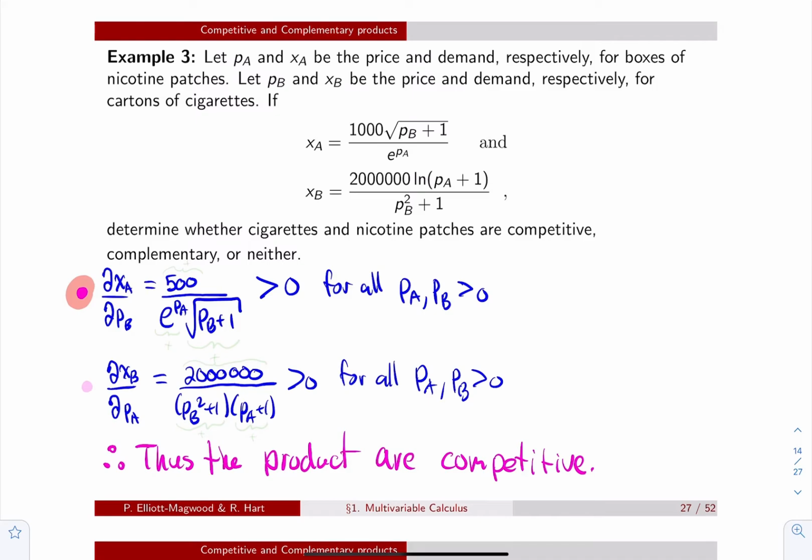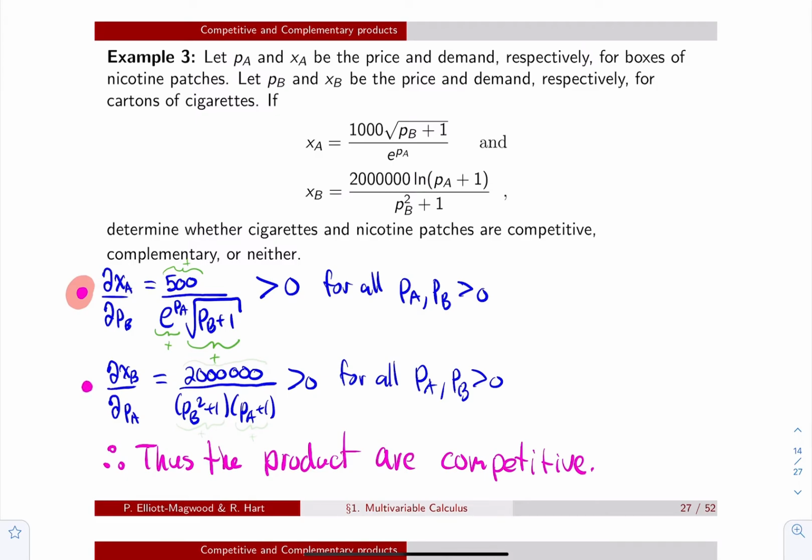And here you can see that the numerator, 500, is a positive quantity. The exponential function, e^PA, is also positive. The square root, remember, PA and PB are going to be strictly positive quantities, so the square root here is going to give me something positive. So everything is positive. The partial derivative of XA with respect to PB is strictly positive.